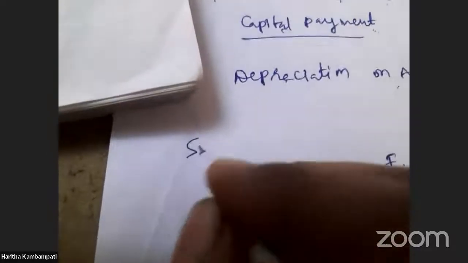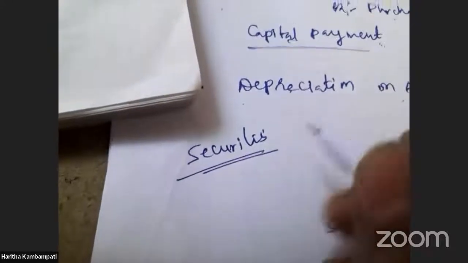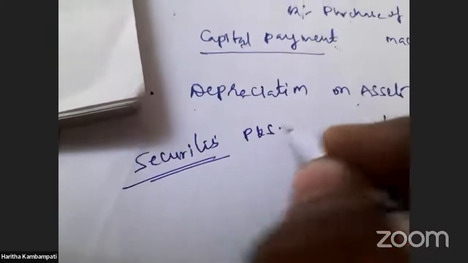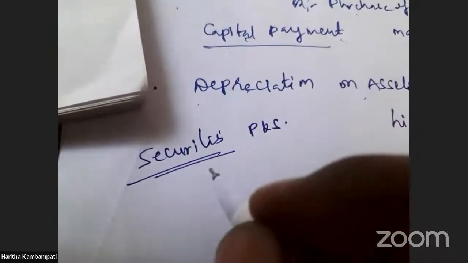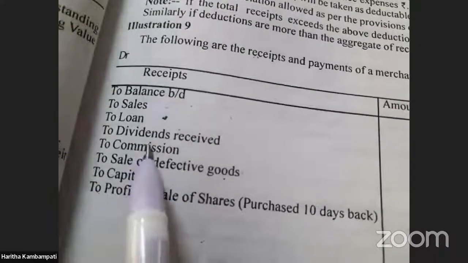If an assessee is dealing with securities, meaning his business is purchasing and selling, then that is considered business income.